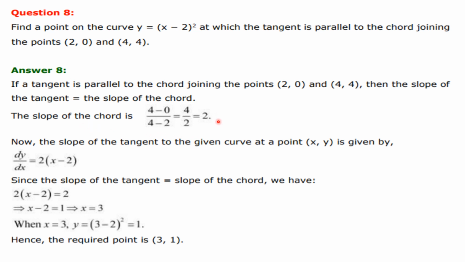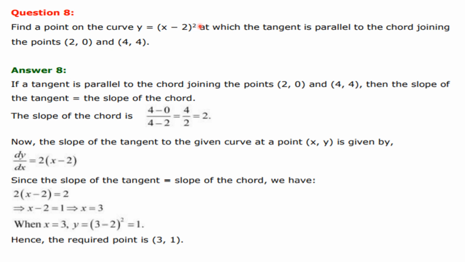Okay, my children? Right. Now let us find the slope of the tangent to this curve. Immediately we have to find the derivative of this function, the derivative of this y. So the slope of the tangent to the given curve at a point (x, y) is given by dy by dx, and it is in the form of x power n.